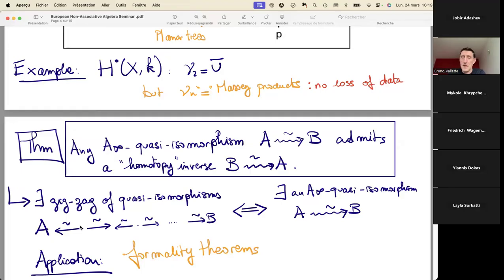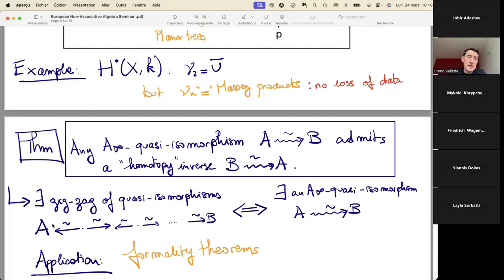So if you have a zigzag with 10,000 maps, well, good luck. But when such data exists, actually this data is equivalent to just one direct A infinity quasi-isomorphism. It's a collection of maps, but just one.